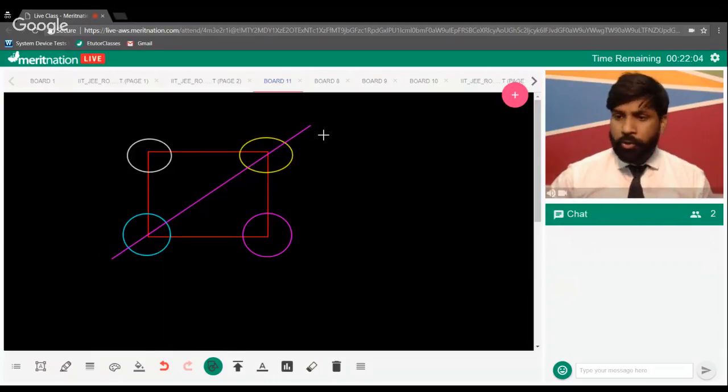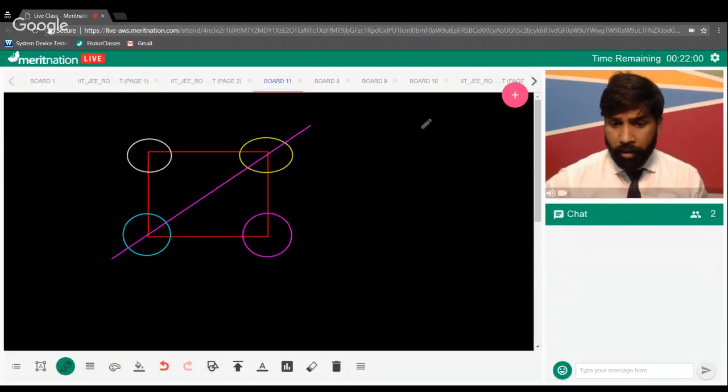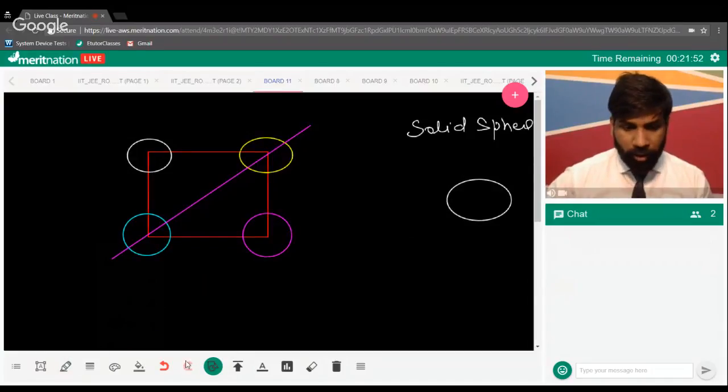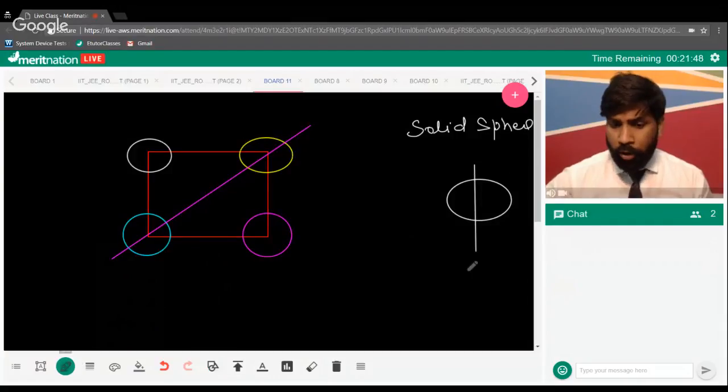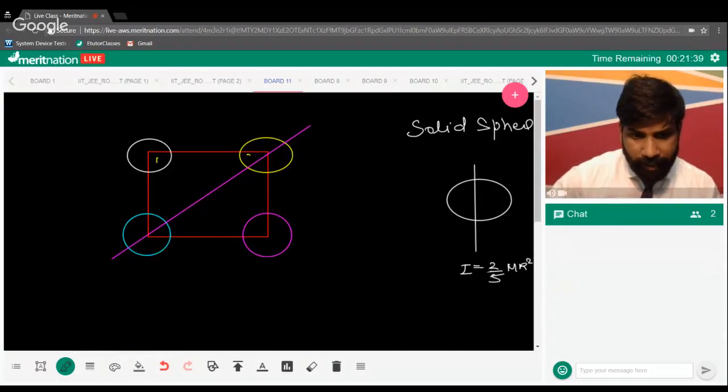Students, you know very well, here we have been given a solid sphere. You can see the moment of inertia of a solid sphere about this axis is, you know very well, equal to 2 by 5 mr square. Suppose this one is our first solid sphere, second, third, and this one is the fourth.